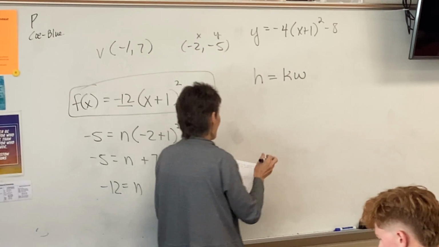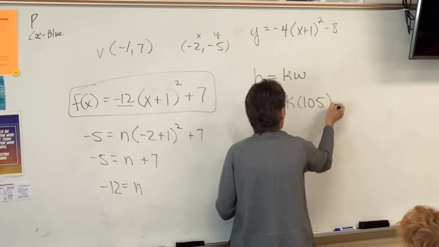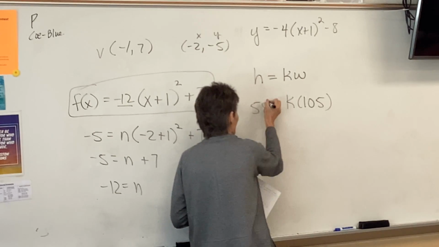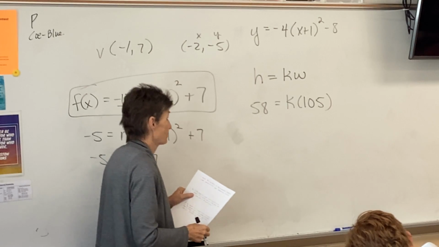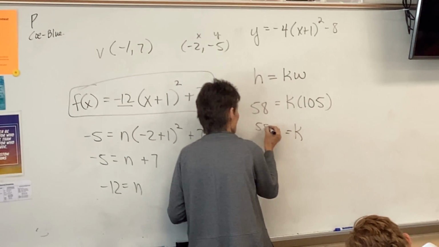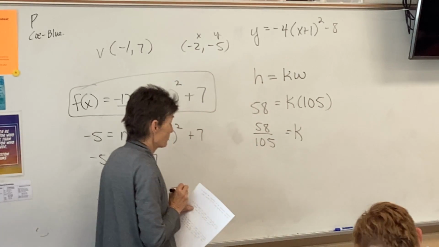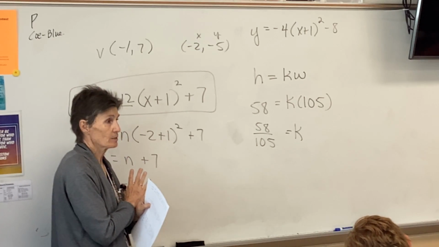A 105-pound person is 58 inches tall, which means K is 58 over 105. I'm just gonna leave that alone for a second.